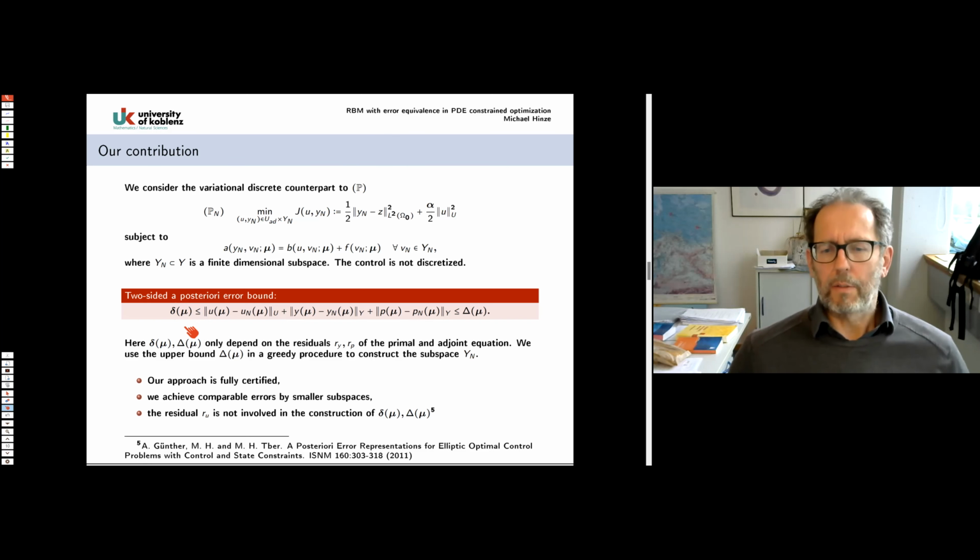And the very nice thing, I will give you details in a minute, is that in the construction of this lower and this upper bound, so the estimators, only residuals for the state and the co-state or adjoint state enter. And there's no residual involved here which is related to U. And this idea, in a completely different context, namely in the context of a posteriori error control for optimal control problems, was proposed already quite some years ago by some co-workers of mine in this paper. So that is now our contribution.